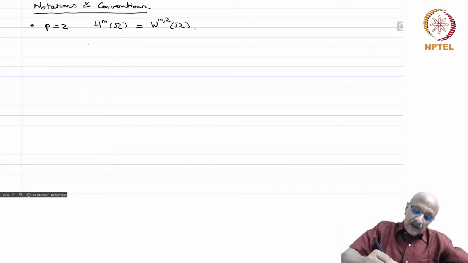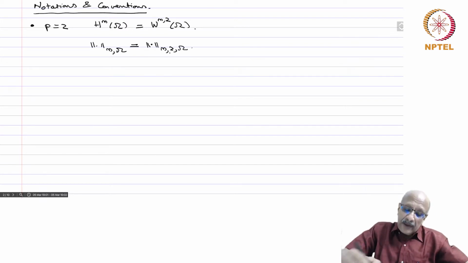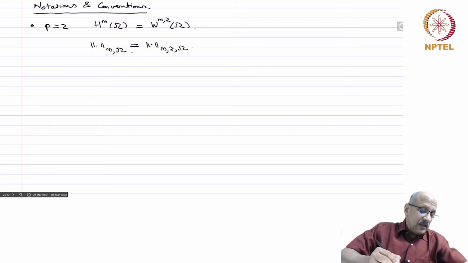And the corresponding norm, we will write norm m omega, which stands for norm m 2 omega. So this is just a slightly shorter notation. So we drop the parameter P, which is equal to 2. So only two indices appear here, the order and the domain, because we know we are in L2. Okay, so this is the first one.